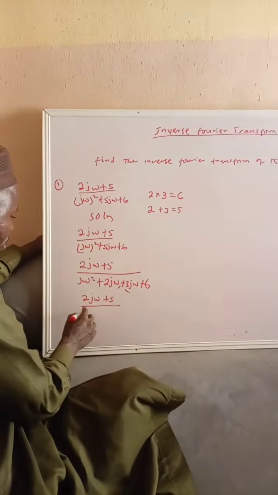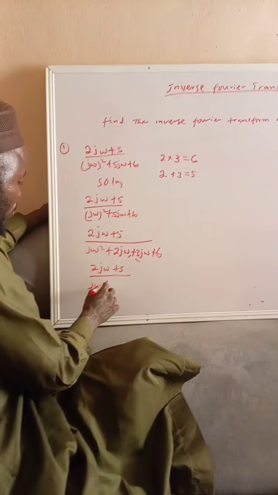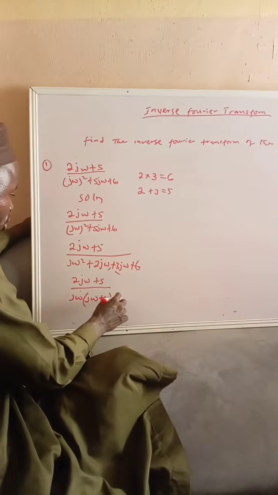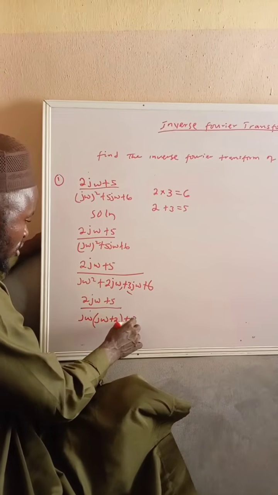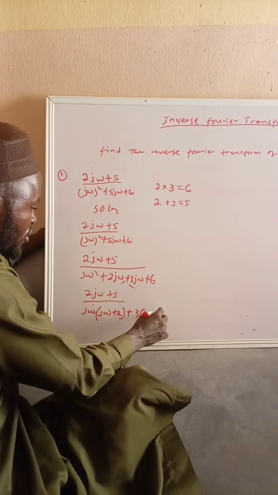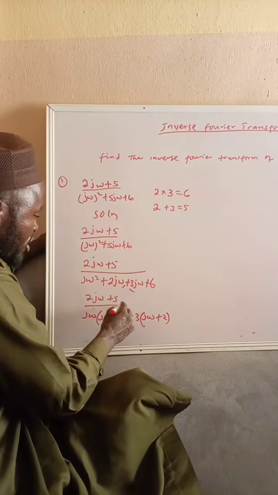We have jω into (jω + 2) plus 3 into (jω + 2).